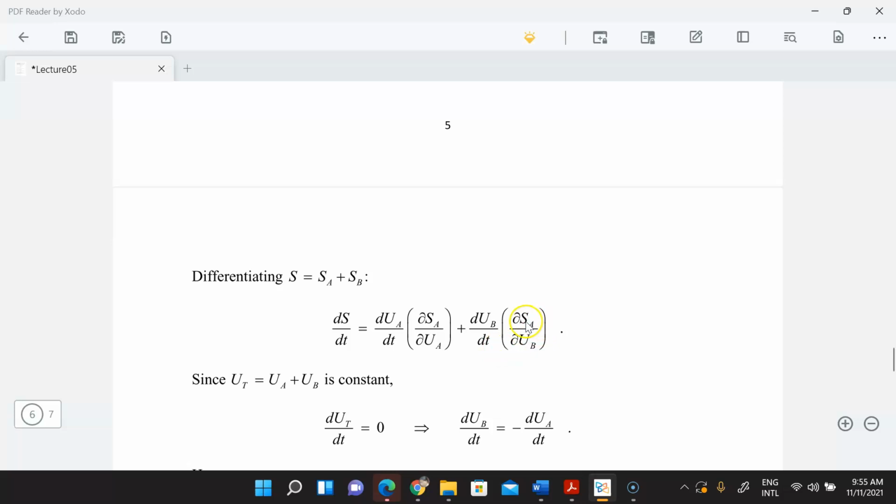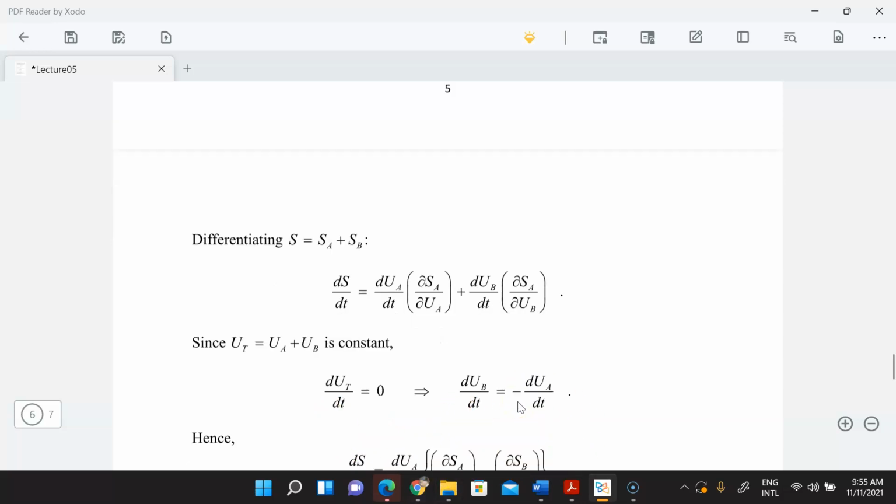Now this is S_B(U_B), and I need to know how U_B changes with respect to time. But U_B changing with time is just the negative of U_A changing with time, because the total internal energy is constant, so the sum of the time derivatives equals 0.